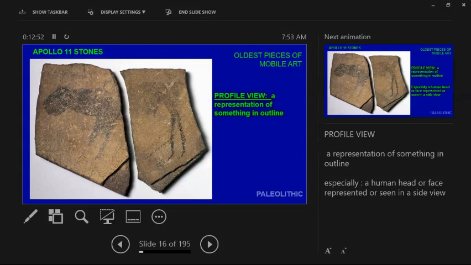If I stood up here to the side and you're just looking at the profile view of my face, you're seeing one eye, one ear, one nostril, half my mouth, etc. That is a profile view. If I look at you like this, that is a frontal view. So the animal that is on here, we are seeing from the side. We're not seeing it from the front. We're not seeing it from a three-quarter view. It is a profile view.